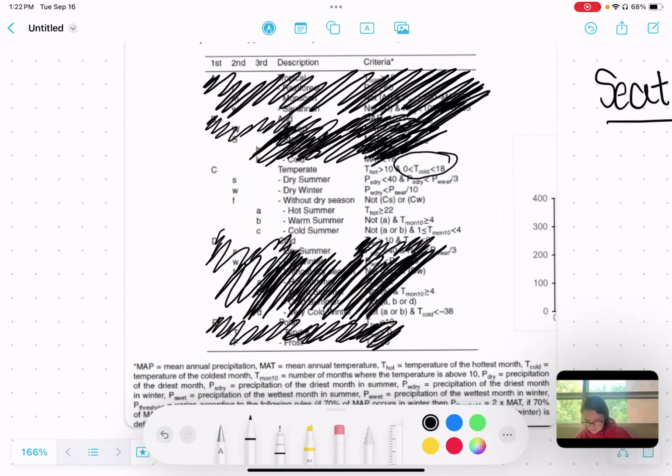So now all we are left with is C. Now we need to figure out if it is CS, CW, or CF. Next, so is it a dry summer, dry winter, or without a dry season?